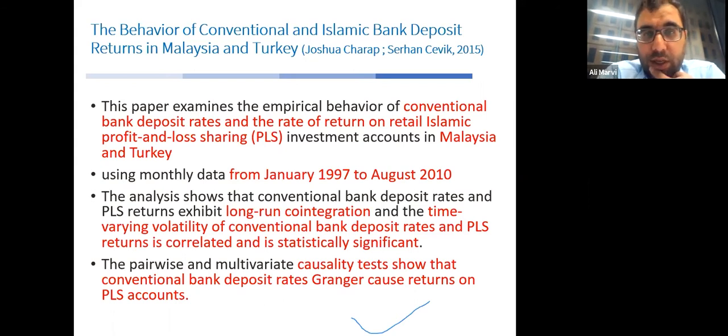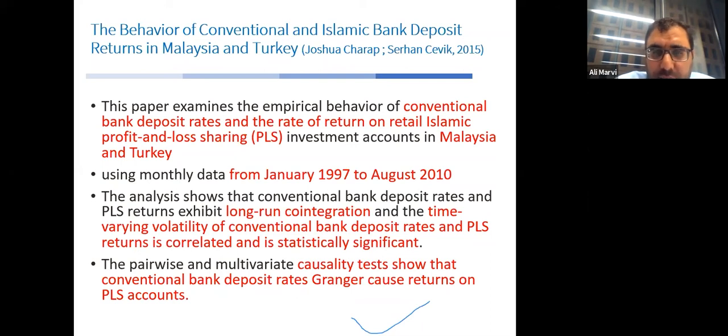They used monthly data from January 1997 to August 2010. And they found long-run co-integration between conventional bank deposit rates and PLS returns. And also, they found that the time-varying volatility of conventional bank deposit rates and PLS returns is correlated and statistically significant.